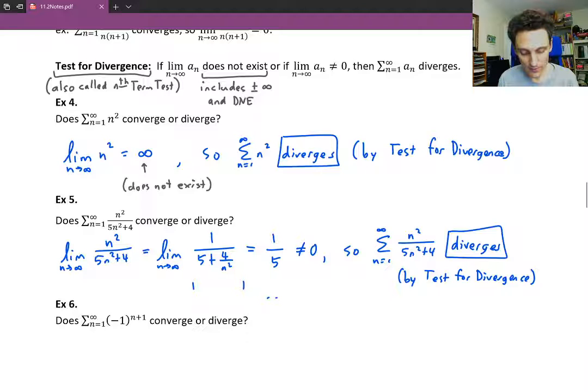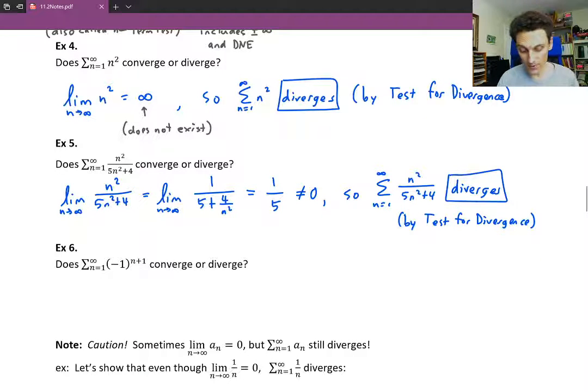But the terms don't have to go to a specific finite number that's non-zero. They could just keep oscillating back and forth, like in example 6. If we take a look at this series as n goes from 1 to infinity of -1 to the n plus 1, when we consider the terms of the series and take the limit as n approaches infinity of those terms, that limit does not exist because of the oscillation back and forth between 1, -1, 1, -1, 1, -1.